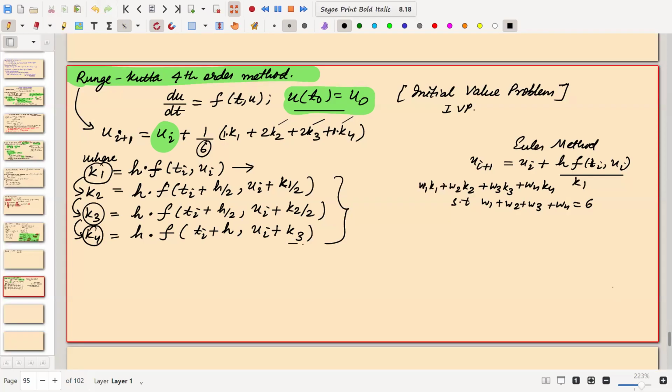Is there anything before we go to a problem? We'll solve a problem, then you will understand more clearly. Shall we do a problem?